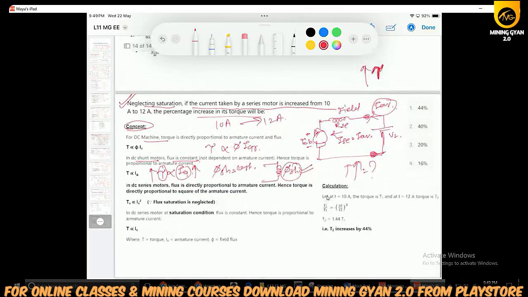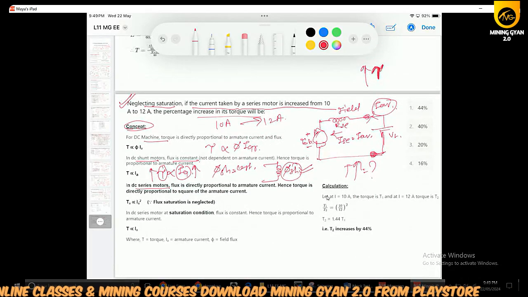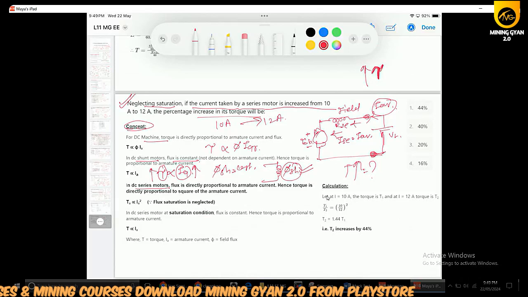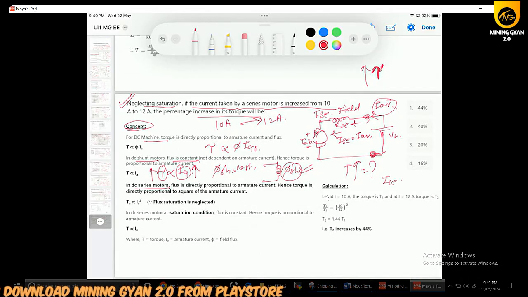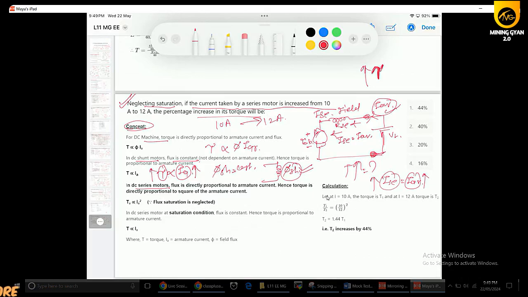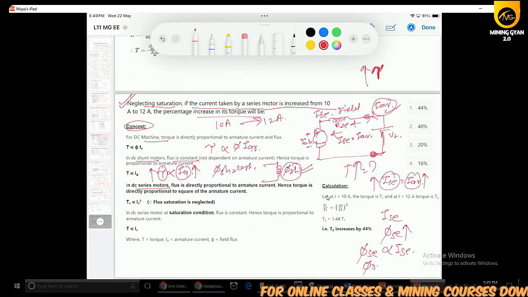But in case of a DC series motor, as you know, the current is directly going through the series field winding. So ISE equals IA in case of a DC series motor. Then obviously when IA increases, this current is increased, then obviously ISE will increase. When ISE increases, then obviously phi SE will increase in proportion with the armature current.